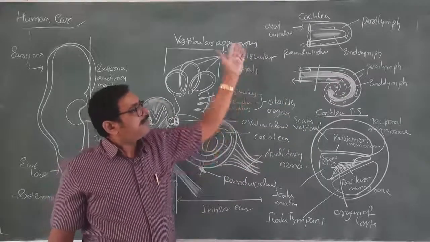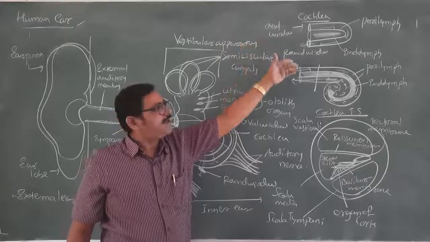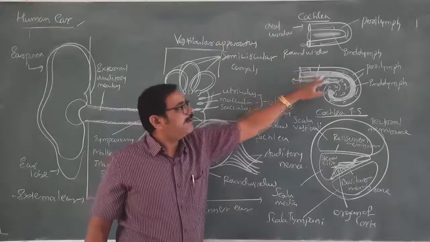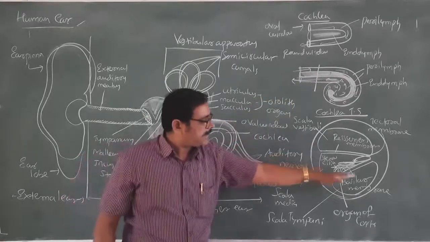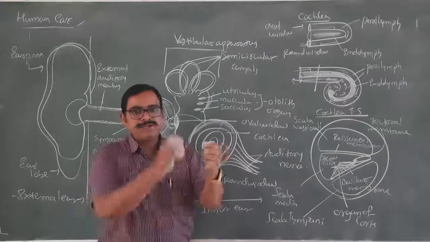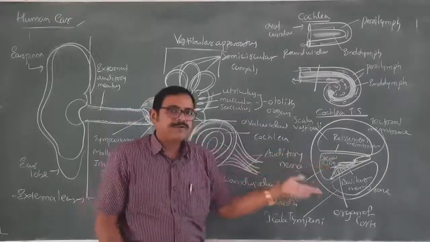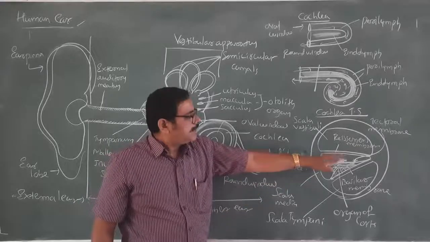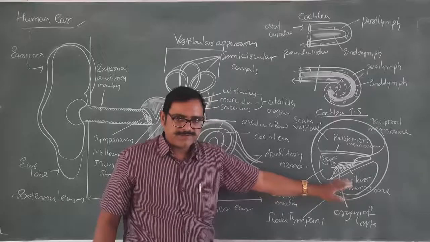And what happens is, when the sound or vibrations move, they cause the movement of perilymph and endolymph. This perilymph and endolymph movement is called ripple action movement. When we hold a rubber and make a string, it does not move like that. A guitar string does not move like that. These membranes are vibrating, so the vibration of Reissner's membrane and the basilar membrane happens.